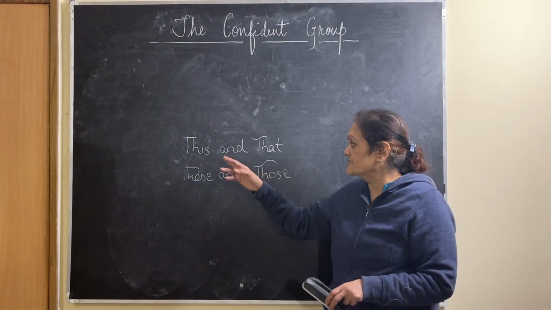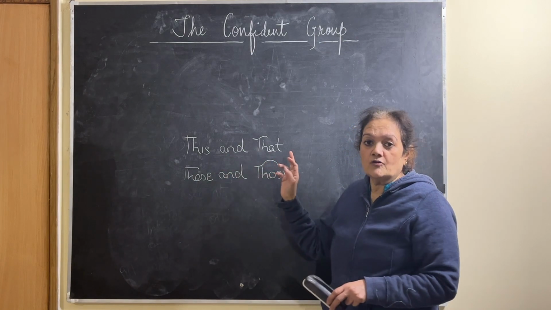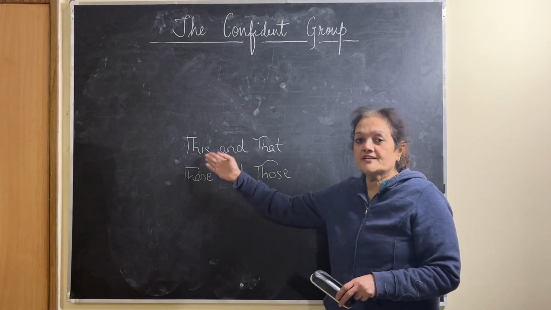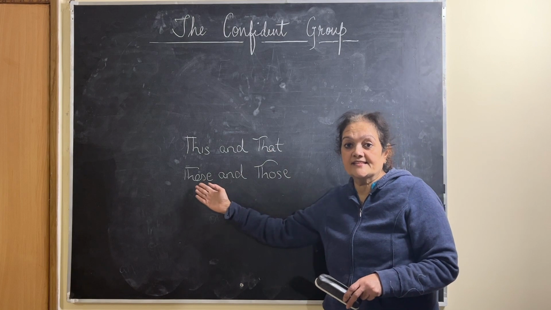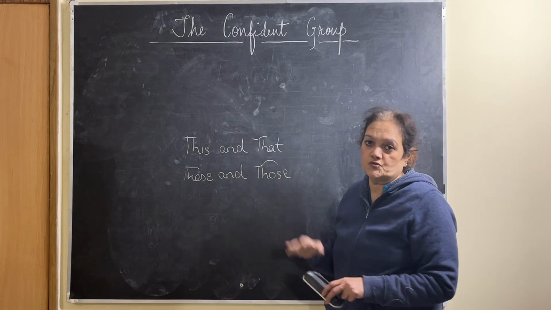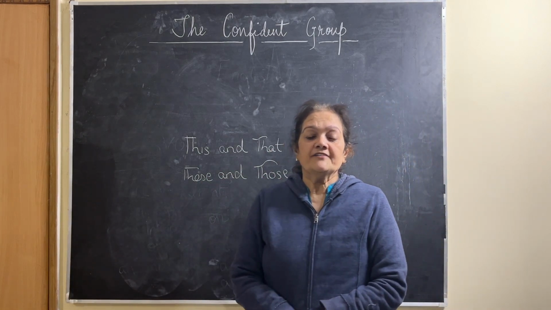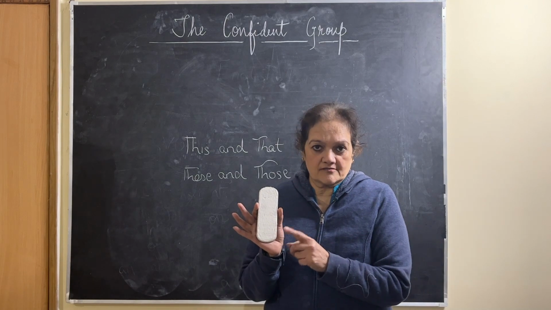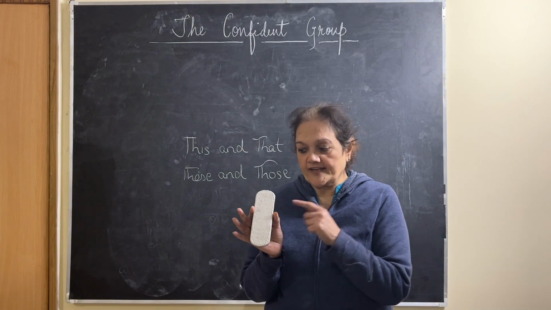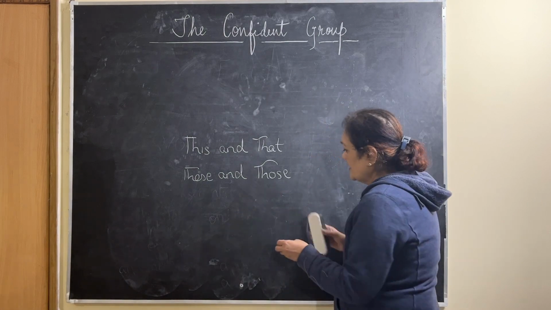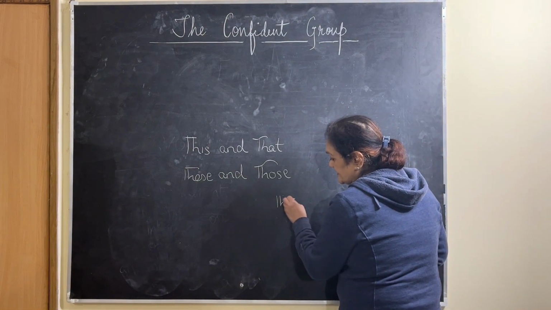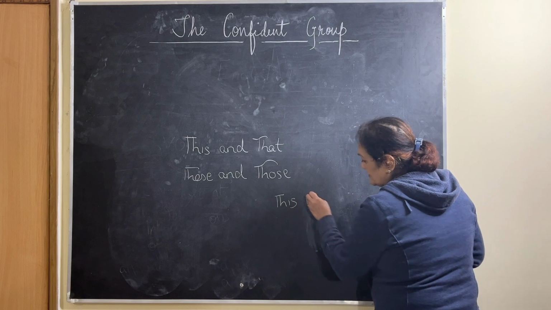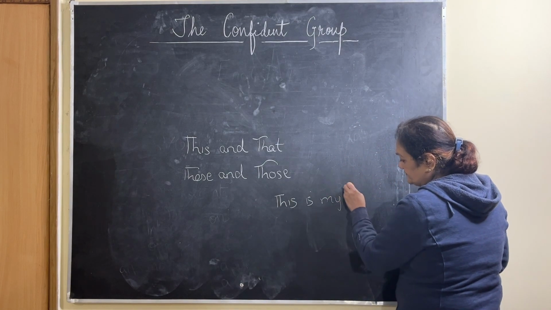Today we are going to start with this and that. Now, where is this used and where is that used? Where is these used and where is those used? If something is near you, like this duster is right next to me, I use this.